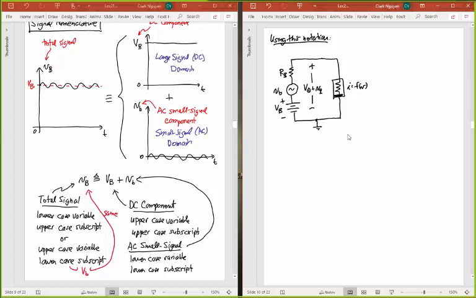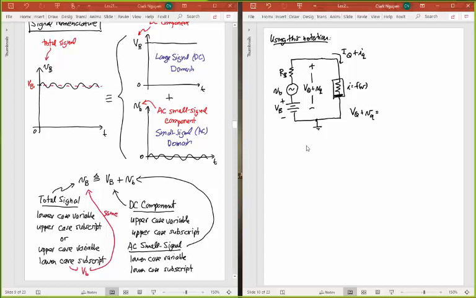And so with this circuit, I can now write a couple things. Also, the current flowing through this thing, I'm going to split into components. This is going to be a capital I capital Q for a large DC component, plus a lowercase i lowercase q for the AC component. And so for this whole circuit, I'm going to be able to write this total voltage VQ plus little vq.